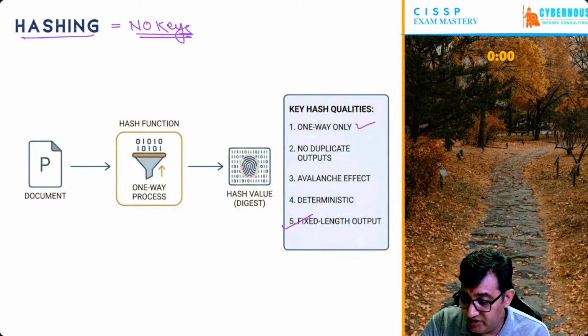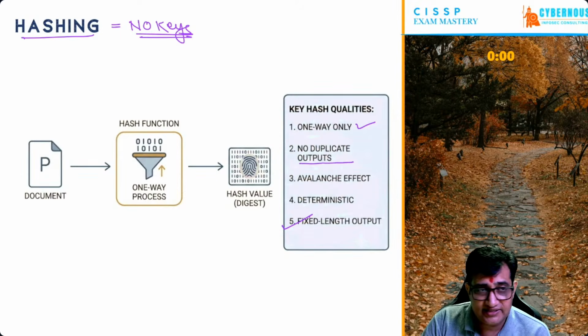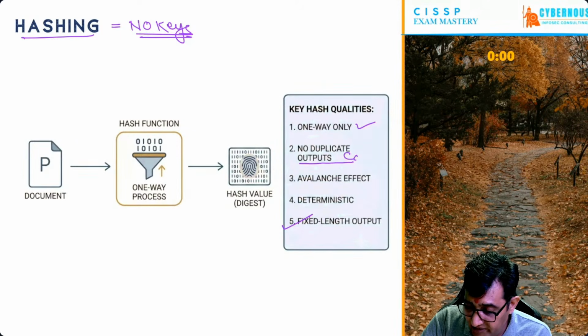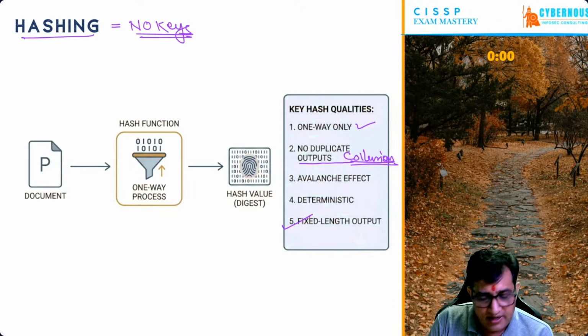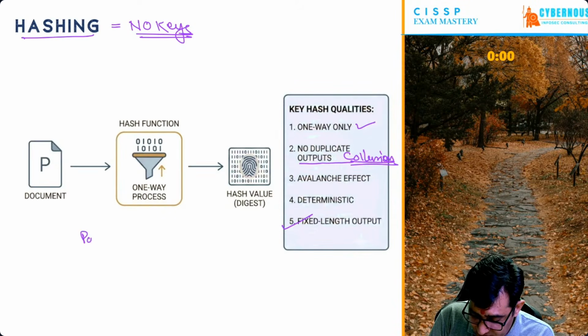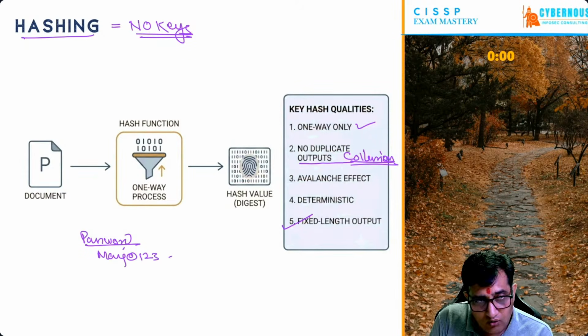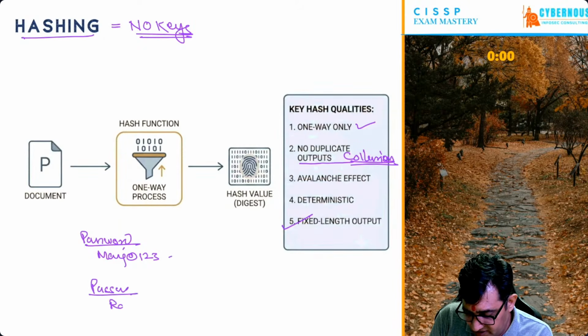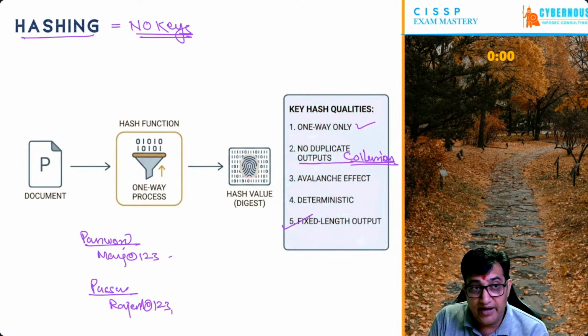One very big quality of a good hashing algorithm is to prevent any kind of collision. Now, what is collision? Let's say there is a password, Manoj@123. On the other side, there is a different password somebody has generated, let's say Rajesh@123.